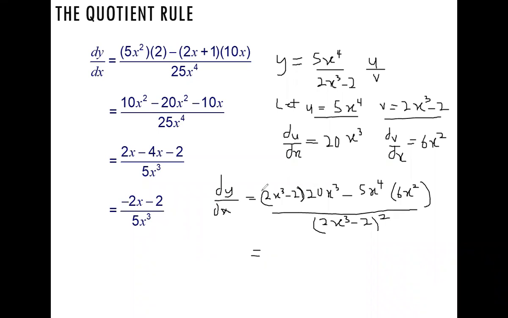When we expand what we have here, that should give us 40x raised to the power 6 minus 40x raised to the power 3, then negative 30x raised to the power 6, all over 2x cubed minus 2 raised to the power 2.